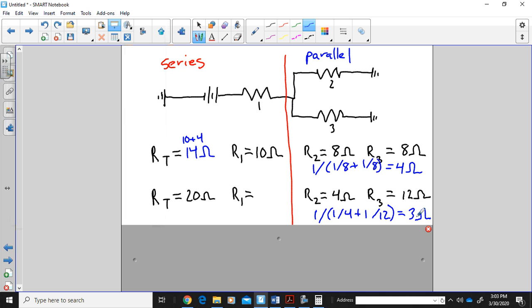So 3 ohms on this side, total resistance here equals 20, so I can do 20 minus the 3 and know that this side resistance has to be 17 ohms.